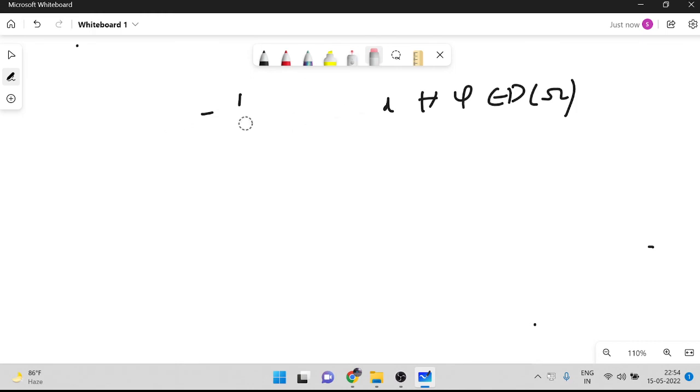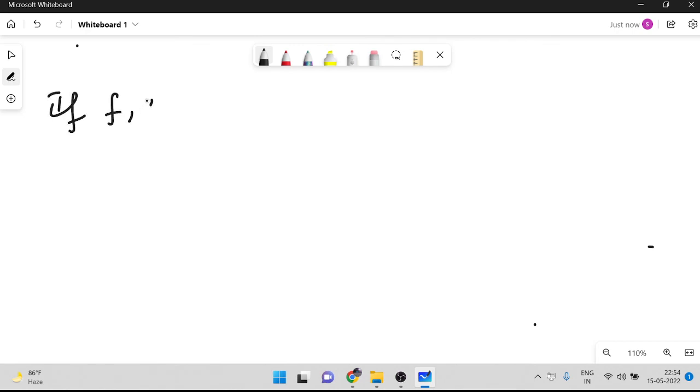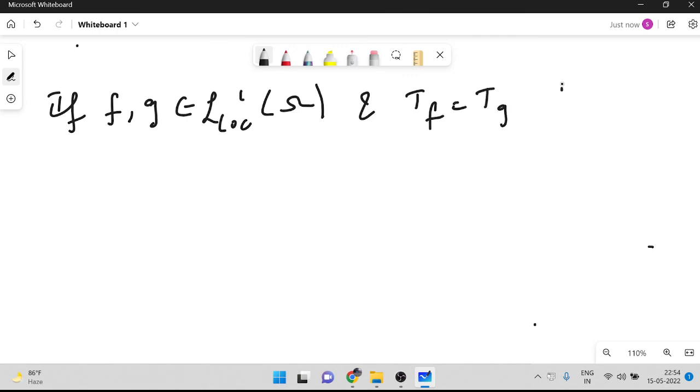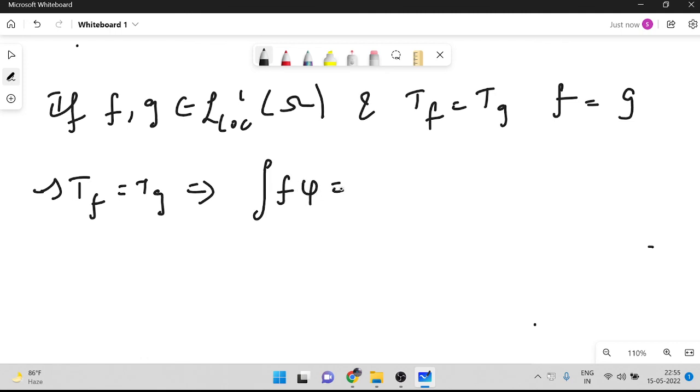Now I'll just prove that the map from functions to distributions is a bijection. If f and g belong to L^1_loc(Ω), and T_f equals T_g, to prove that it's an injection, f should be equal to g. If T_f equals T_g, the integral of f φ should equal the integral of g φ.